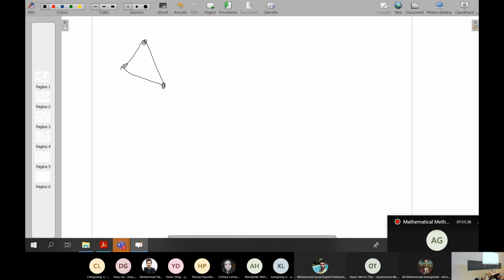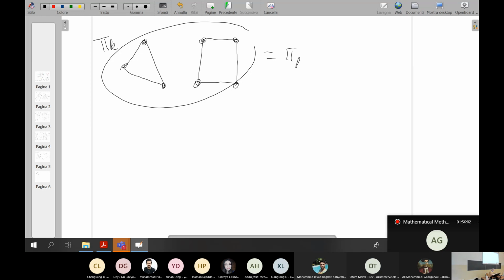You have that by deleting an edge, you get to something which is disconnected. When we had to compute the number of spanning trees, that was 0, not here. Pi k of this equals pi k of this times pi k of this.